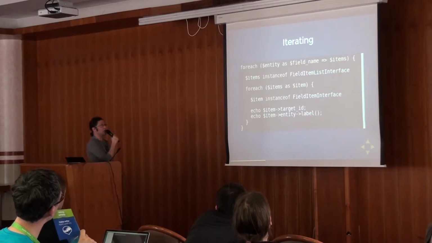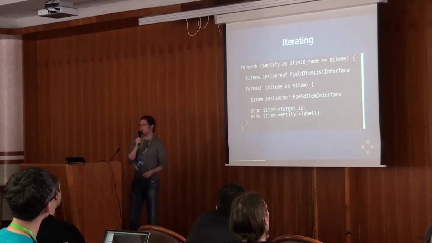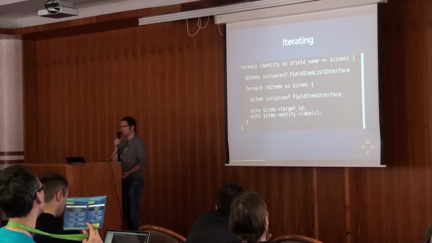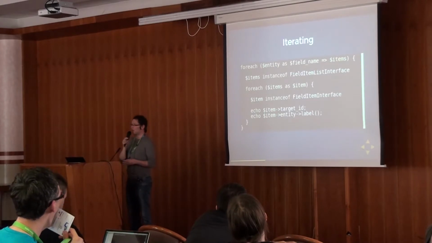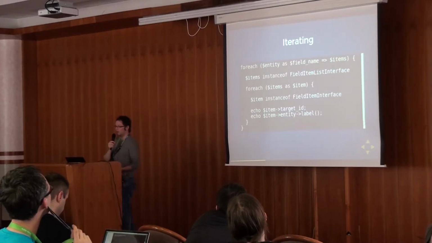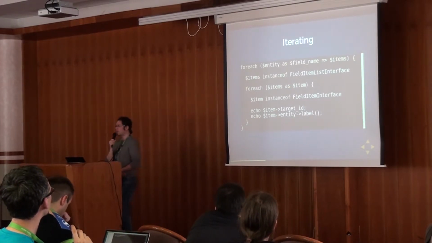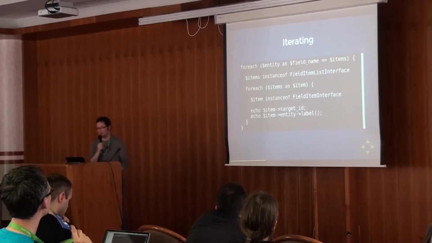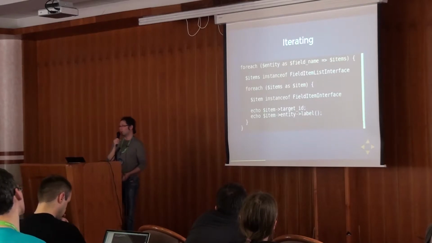The API also supports iterating. When you iterate over an entity object, it will go over all the fields, where, as in Drupal 7, a field always consists of a list of field items. The items are an instance of the field item list interface, and you can iterate on that as well. You will go over all the field items, which are classes as well. Those are instances of the field item interface, and will hold all the individual field item properties.